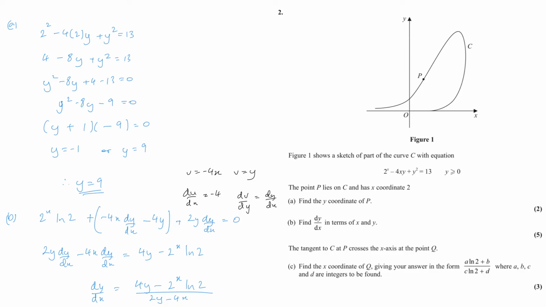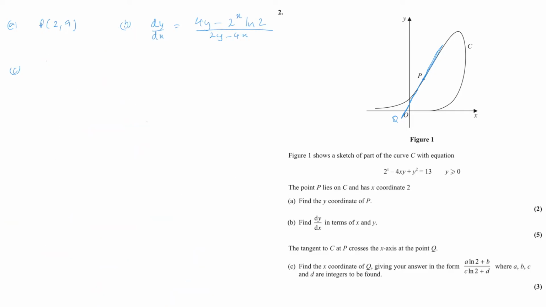Now the tangent to C at P, so there's a tangent here at P, something like that, that's going to cross a point Q. Find the coordinates of Q, give your answer in that form. So first let's find the gradient of the tangent.